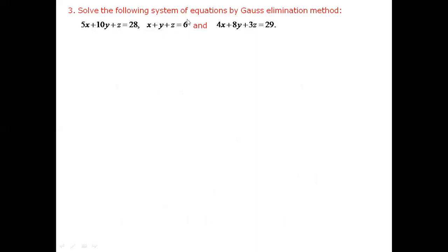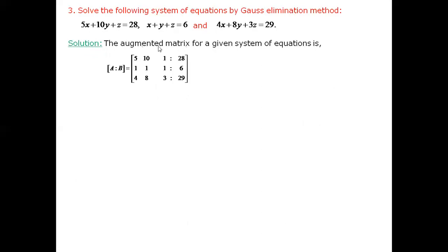As usual, according to the working rule, the first step says we write the augmented matrix for a given system. So the augmented matrix is A colon B equals: the first row will be written using the first equation, 5, 10, 1 colon 28.